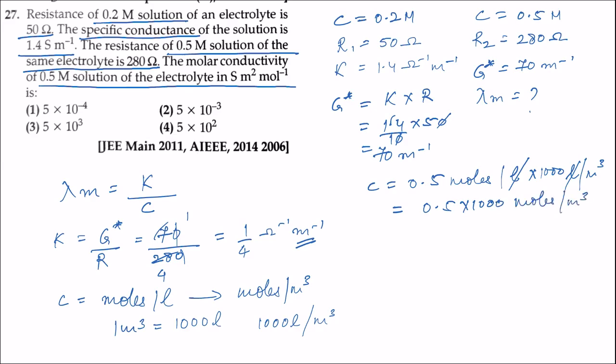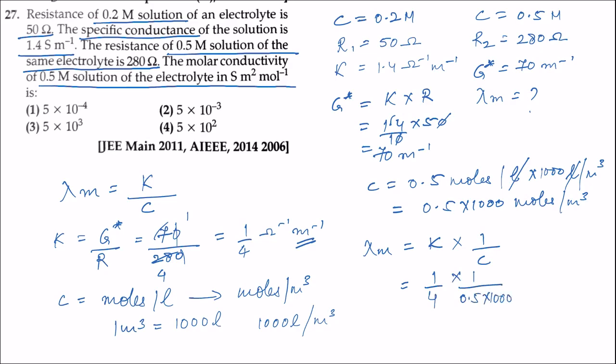Now the unit of length in specific conductance and molarity is the same. Therefore, molar conductance is equal to specific conductance into 1 by the concentration of the solution. This is equal to 1 by 4 into 1 divided by 0.5 into 1000.